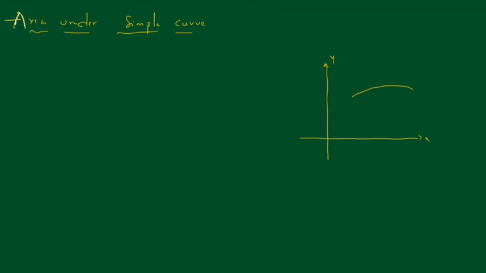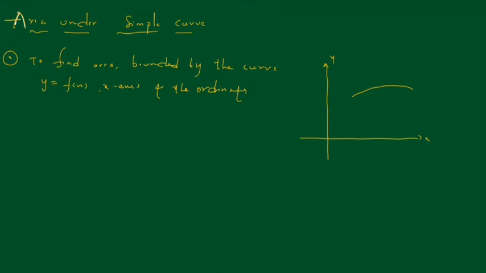Considering the first one, A: to find the area bounded by the curve y equals f of x, x-axis, and the ordinates x equals a and x equals b.